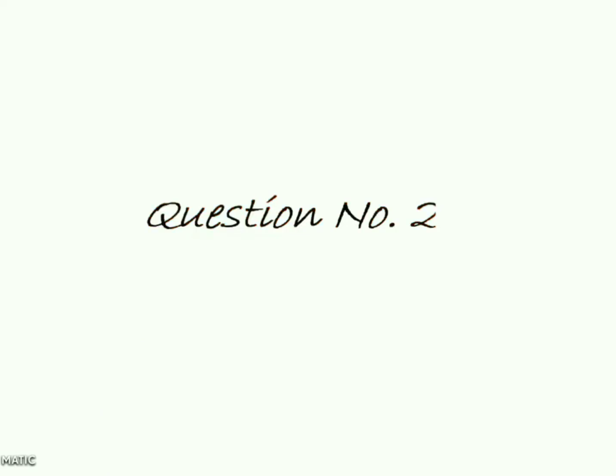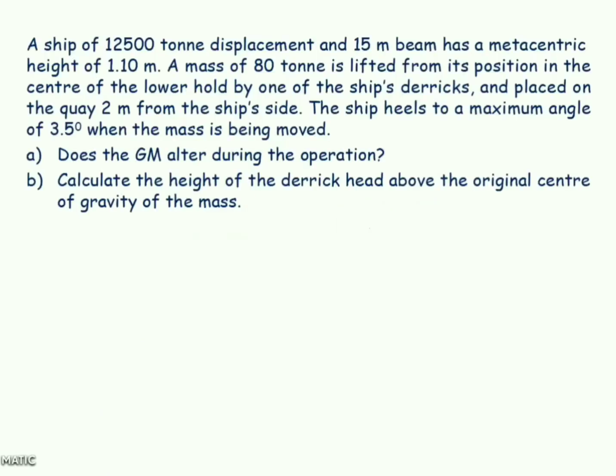On to the next question now. A ship of 12,500 ton displacement and 15 meter beam, meaning breadth, has a metacentric height of 1.10 meters. A mass of 80 ton is lifted from its position in the center of the lower hold by one of the ship's derricks and placed on the quay 2 meters from the ship's side.